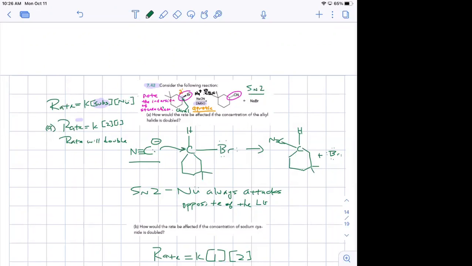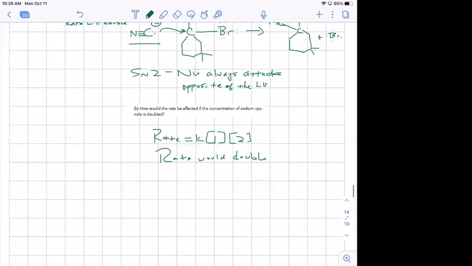What if I triple them both? What's going to happen to the rate? It'll increase by 9. Yes, it'll be a 9-fold increase. What if I double them both? What's going to happen to the rate?